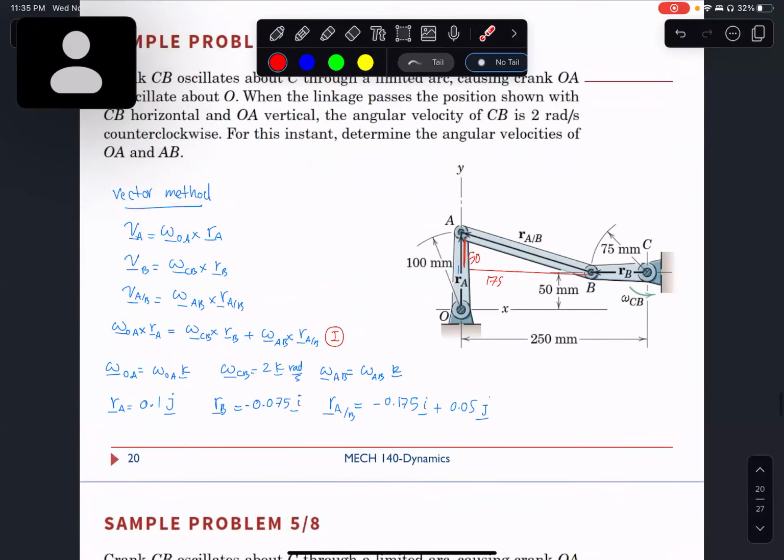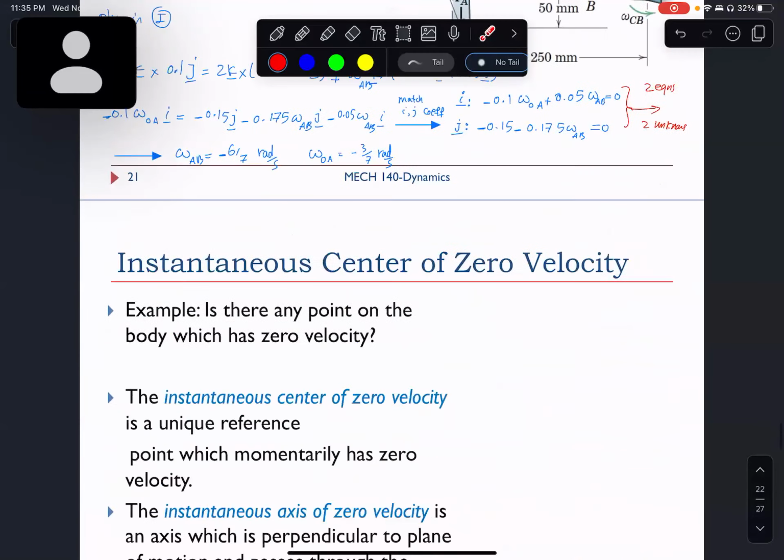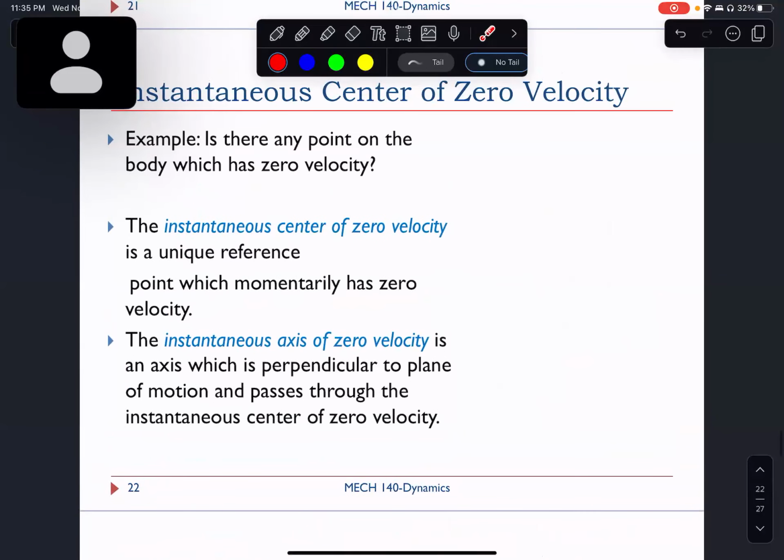Sorry, the example was this one, this example that we did, right? We talked about point C here: for a moment, because the wheel is not slipping, it has the same velocity as the ground and the floor, so it has zero velocity momentarily. So this instantaneous center of zero velocity is a unique reference point which momentarily has zero velocity.